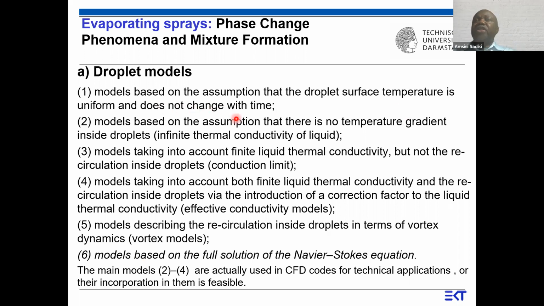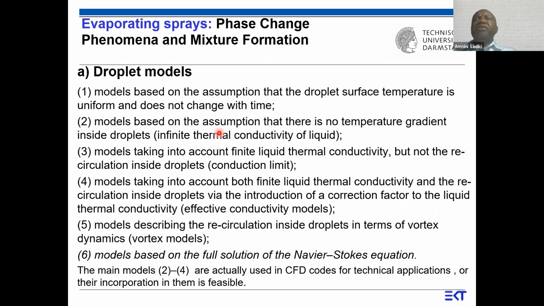It does not change with time. It is only an assumption. One can do this, and this is a very strong assumption because the droplet surface temperature should change, but it can change in a uniform way. And they say not with time. That is a very strong assumption.